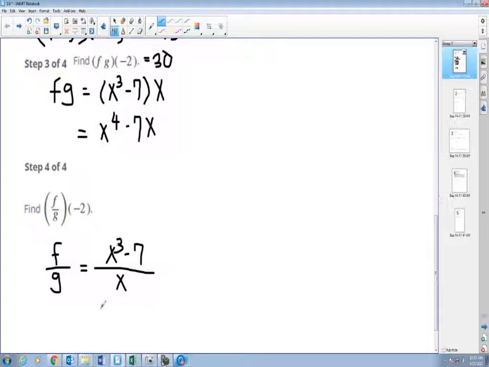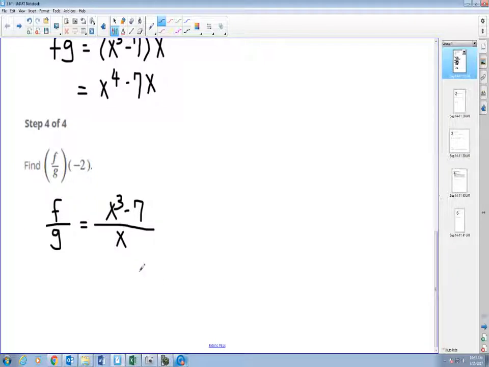So Mr. Jiang, how do I simplify this? Well, it really depends on what we have here. When we talk about simplifying, you want to make sure there are no other fractions inside your rational function. In this case, we don't have any fractions in the numerator or denominator.